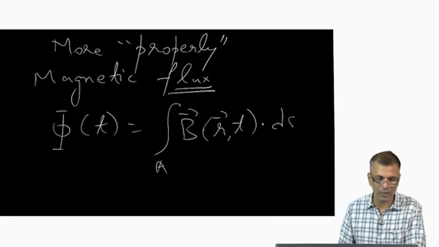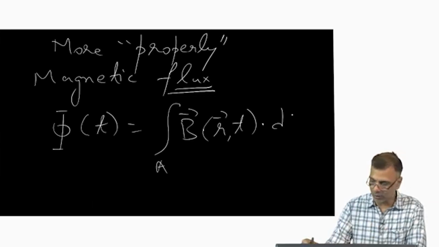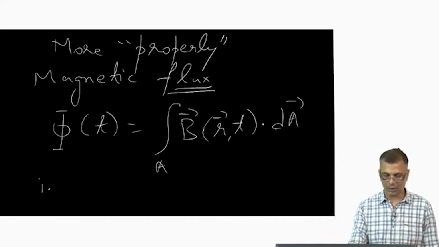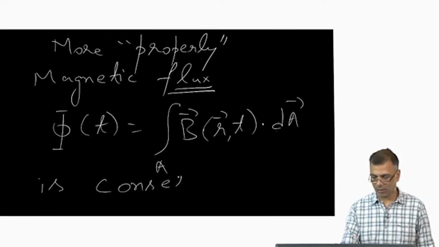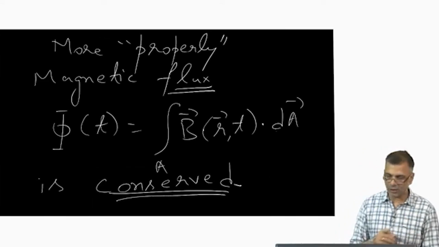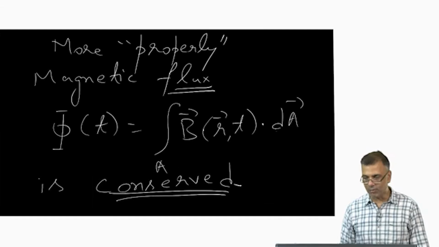Sorry, I sometimes write A and I sometimes write S for the area element, and I often get confused between the two. So in this case, I am writing A. So this is conserved.